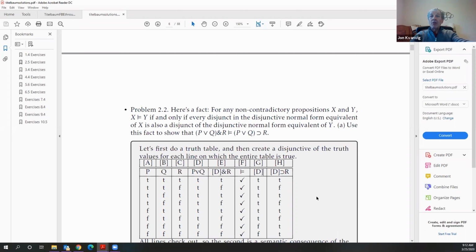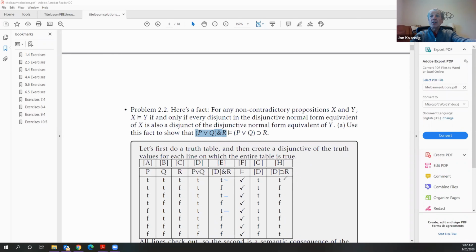Okay, now the only lines that are going to count, of course, for the disjunctive normal form are lines where the formulas in question come out true. So for the premise, the lines in the disjunctive normal form are 1, 3, and 5 only.